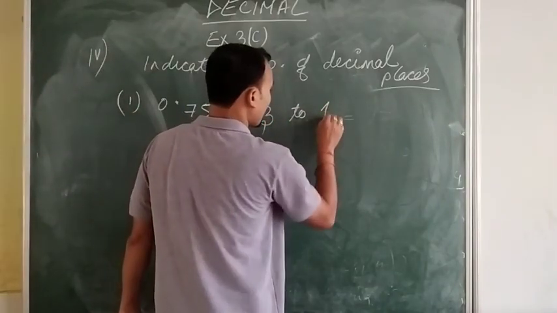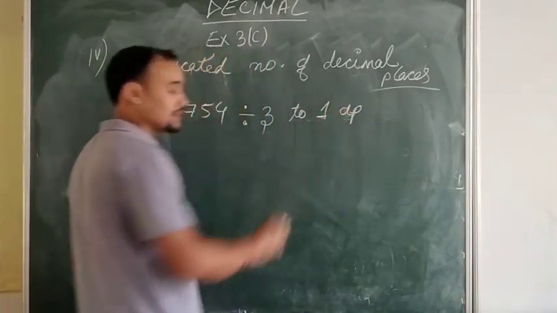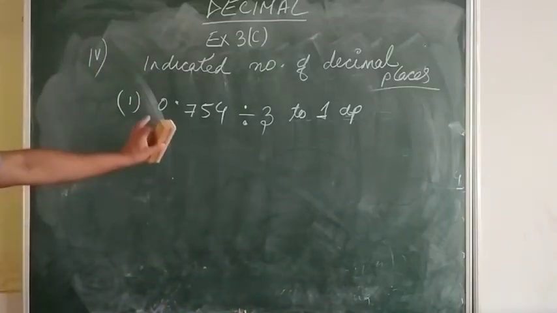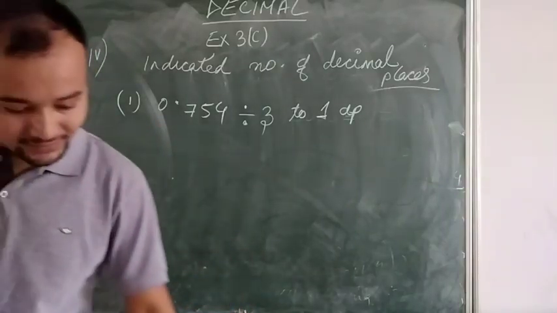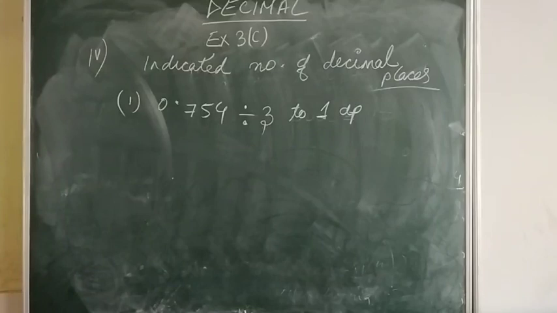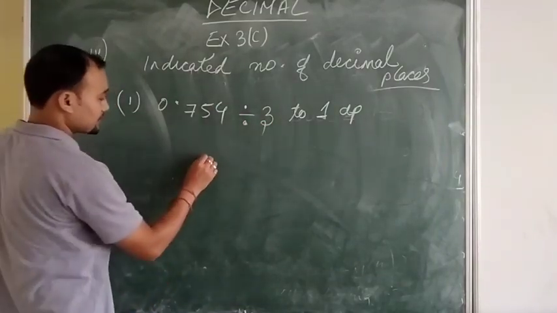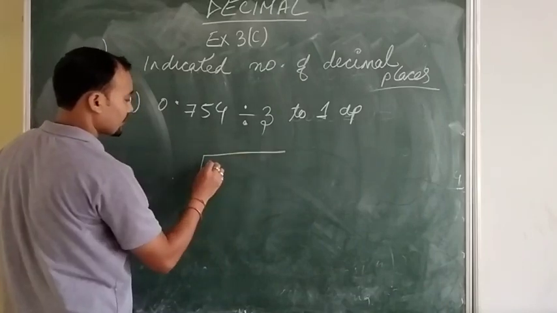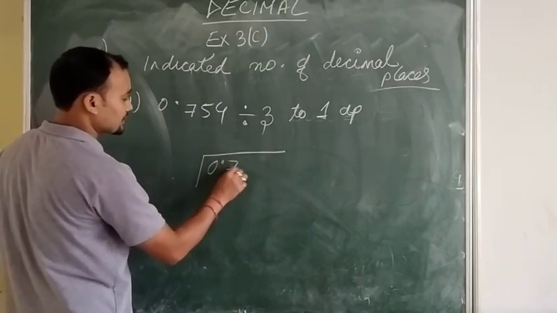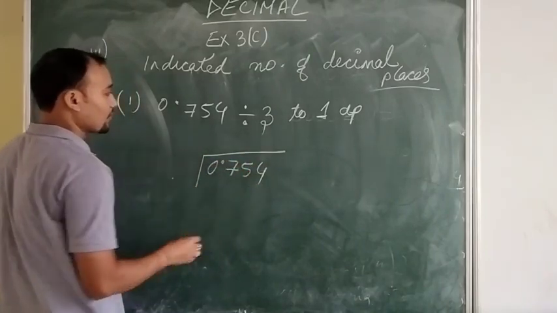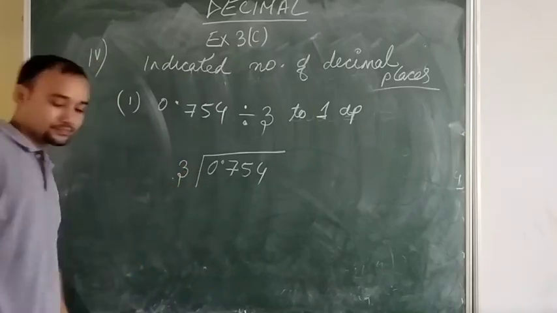Now what is dp? Decimal point. This is a short form of writing. dp means decimal point. Now try dividing this: 0.754 divided by 3.